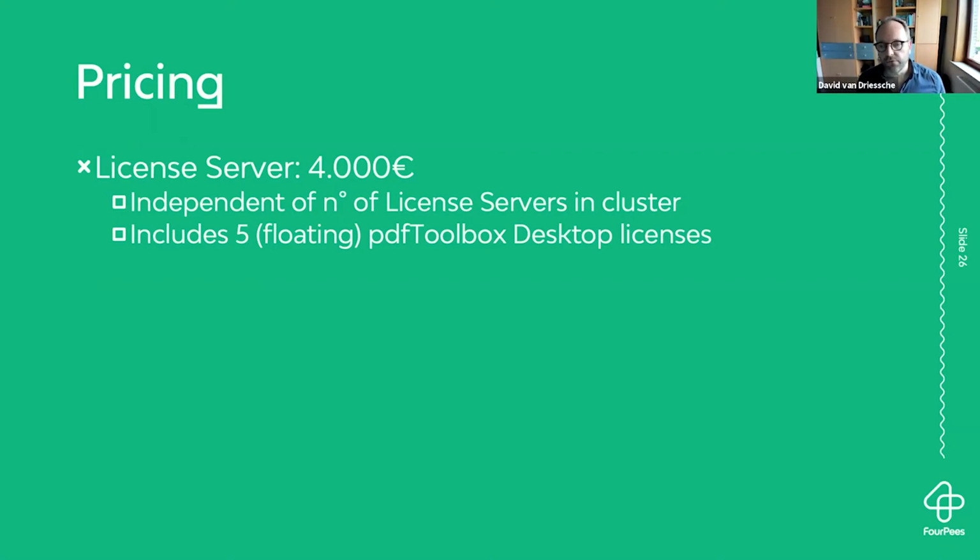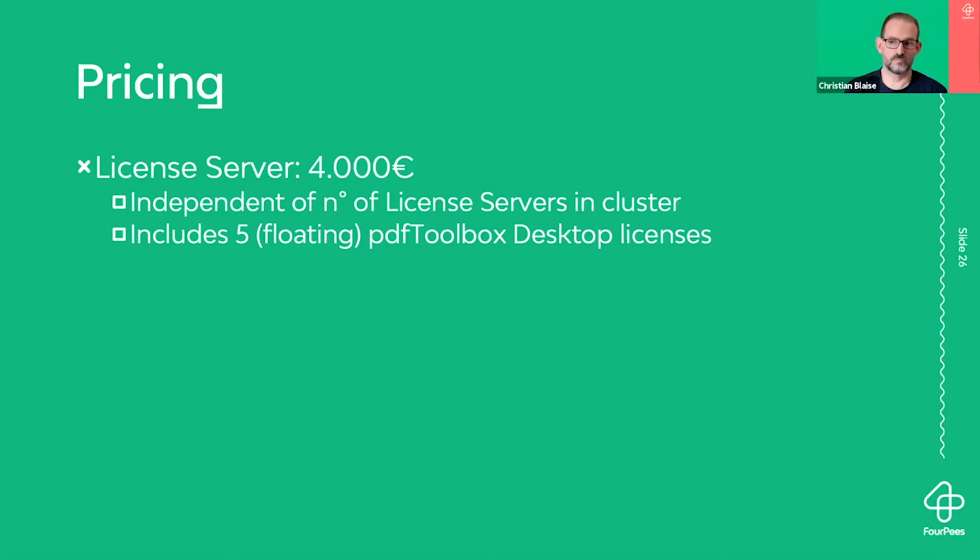It includes desktop licenses as well, 5 to be exact. You can choose whether they should be pdfToolbox licenses or PDFA pilot licenses. But given that we're talking about pdfToolbox the whole time, you get 5 pdfToolbox desktop licenses, which corresponds to 5 floating desktop licenses.